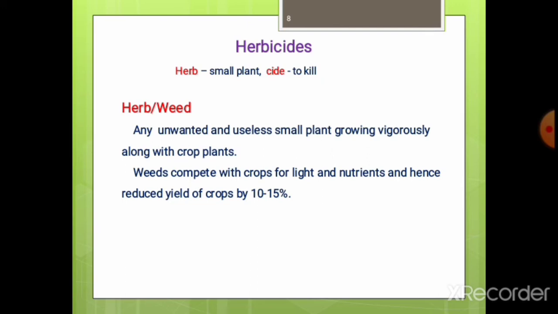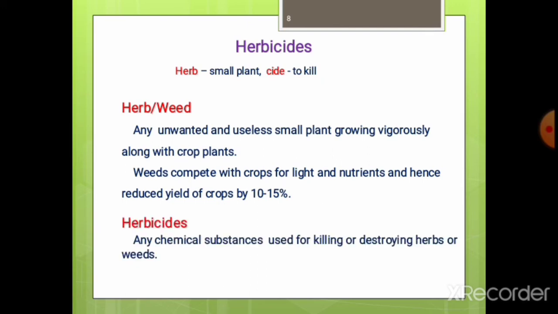And these weeds are competing with the crop plants for light and nutrients, and hence reduce the yield of crops by about 10 to 15%. For increasing the yield of the desired crop plant, these weeds have to be killed, and hence herbicides are the chemical substances which are used for killing or destroying herbs or weeds.